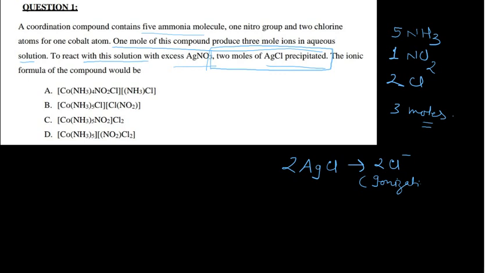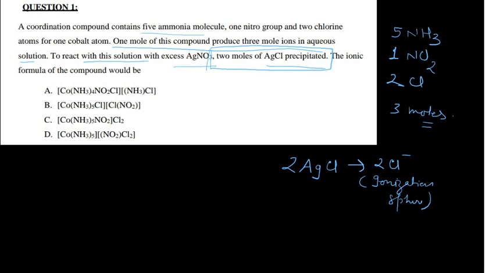I already told you that whatever ions are present outside the square bracket are considered in the ionization sphere. So out of the 4 options given here, you have to select the option which has 2 chloride ions in the ionization sphere.